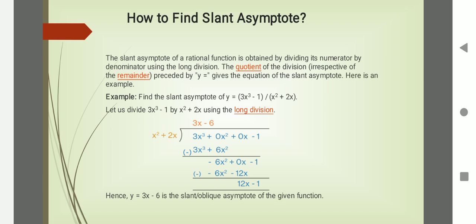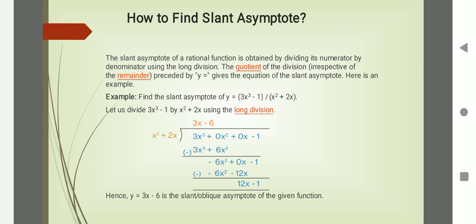The quotient of the division, irrespective of the remainder, preceded by y is equal to, gives the equation of the slant asymptote. So basically we have to divide using the long division method, and the quotient we get will be our asymptote, that is y is equal to, right?